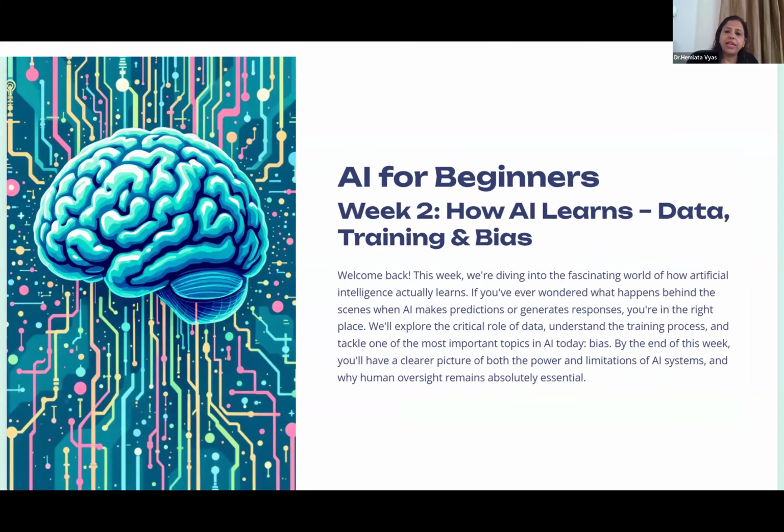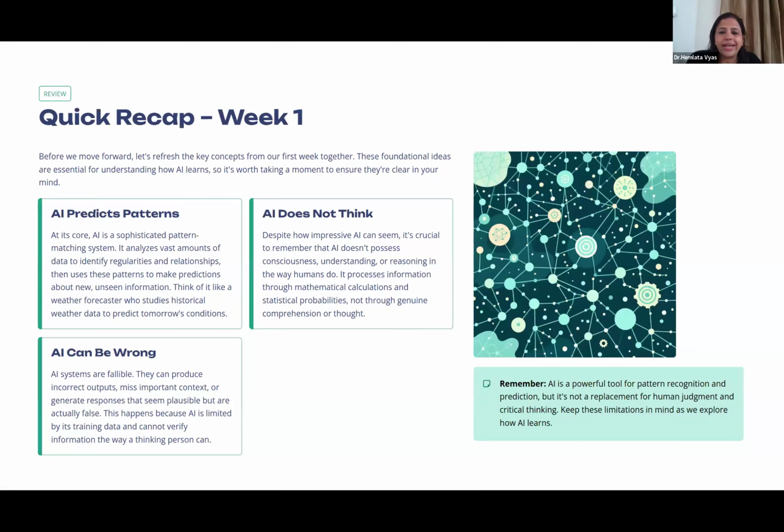To begin with, we'll first do a quick recap. If you all remember, in the last session we were talking about how AI predicts patterns. If I take an example, if there is a bunch of apples and oranges, and you show multiple apples, multiple oranges, AI is able to decipher apples from oranges.